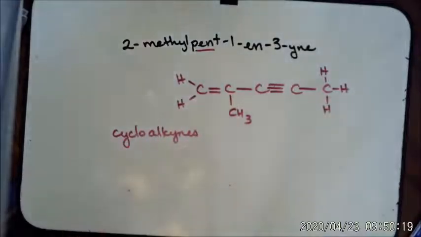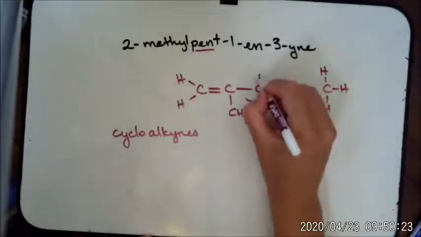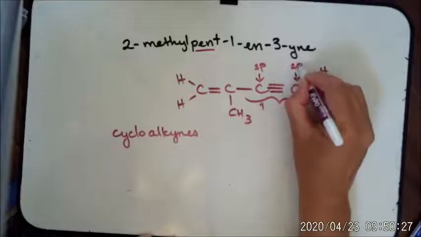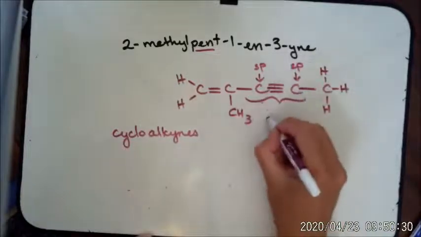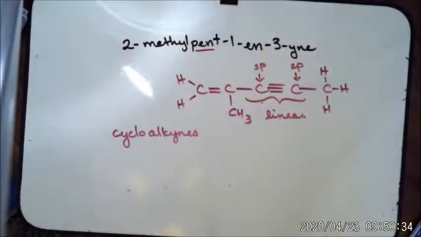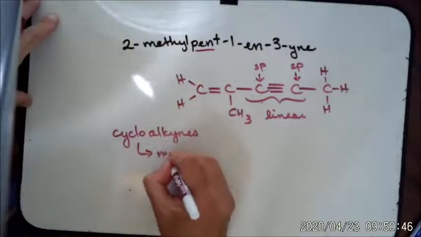Because this is an sp hybridized carbon, this is linear. So you're going to have a linear chain of like 4 carbons. Because of that, cycloalkynes are difficult to produce unless they're extremely large.